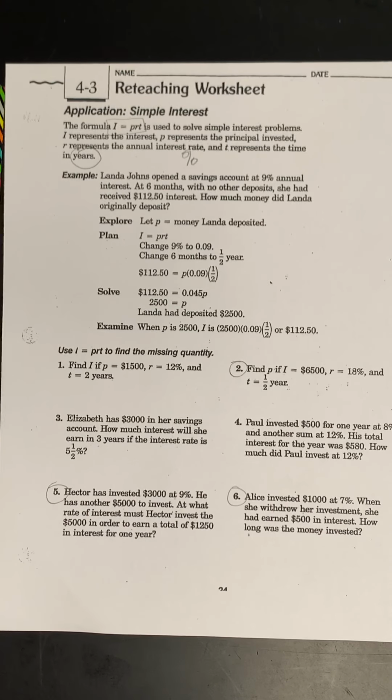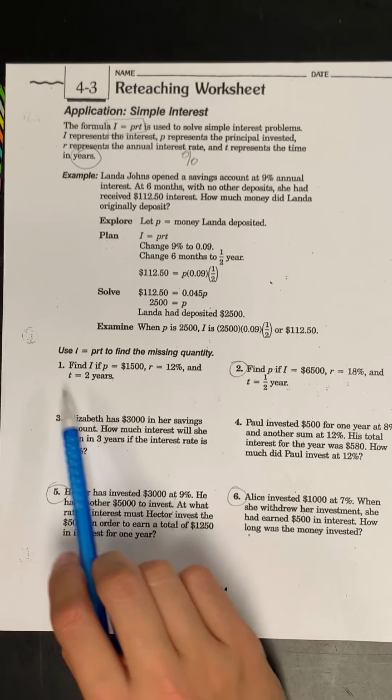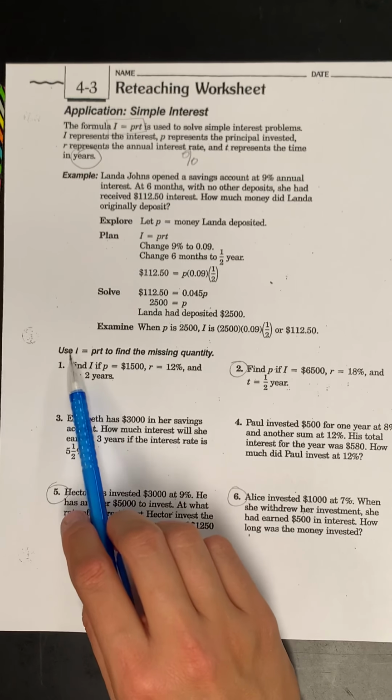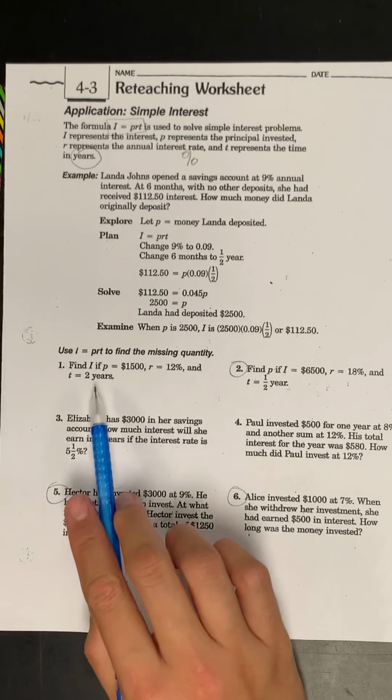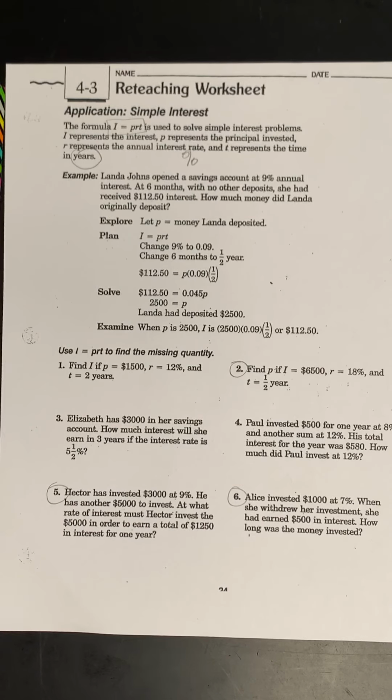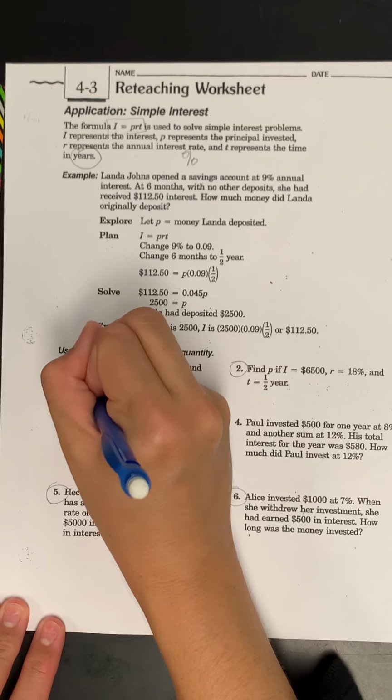Number one says use I equals PRT to find the missing quantity. Find I if P is 1,500, R is 12%, and T is 2 years. We'll just plug that into the equation.